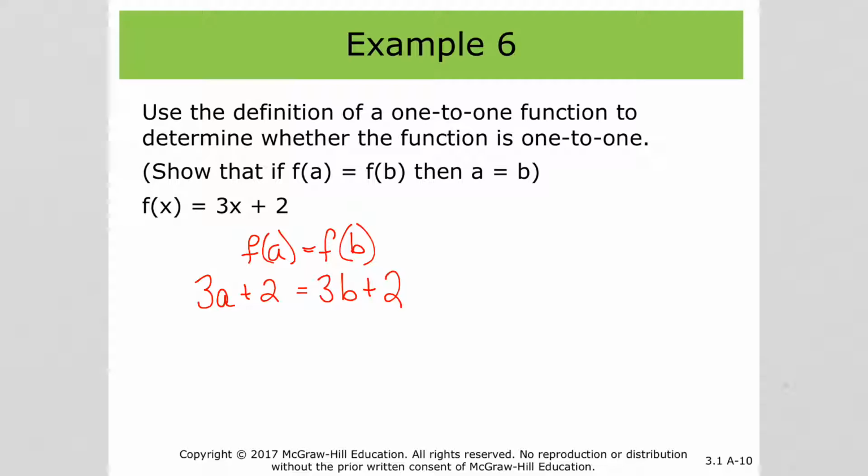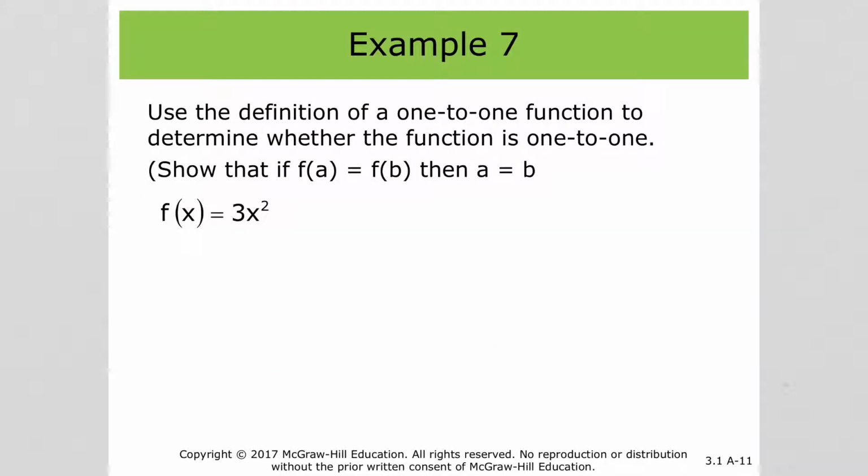If this comes out down at the end so that a equals b, then that means that we have a one-to-one function. Okay? So subtract 2 from both sides, and we've got 3a equals 3b. Divide 3 from both sides, a equals b. So we do have a one-to-one function, or the function 3x plus 2 is one-to-one.